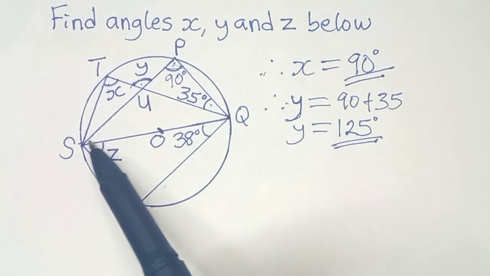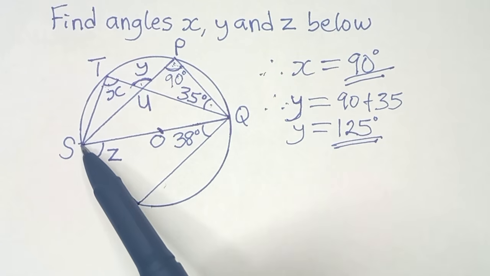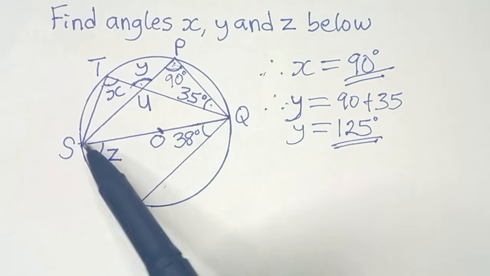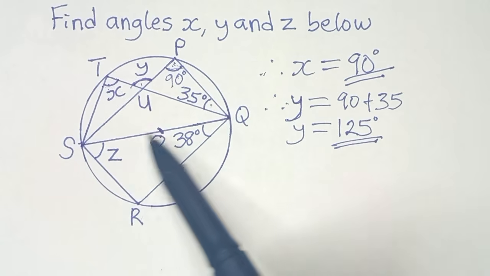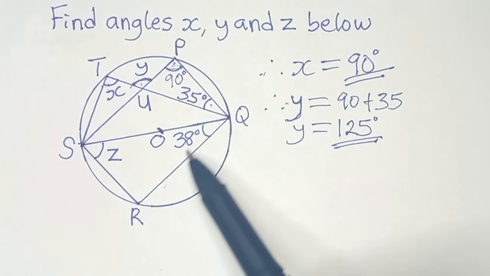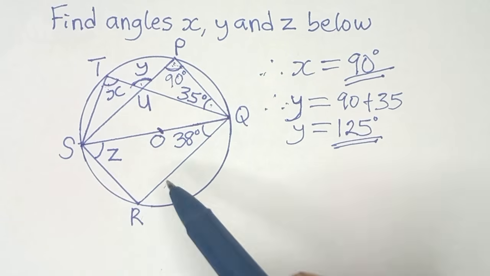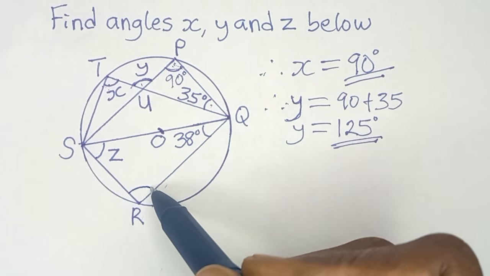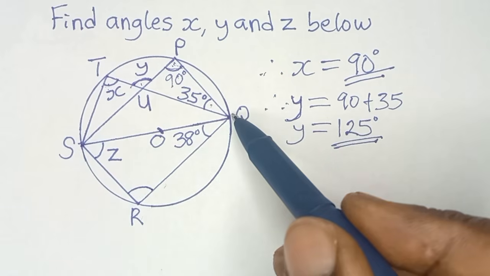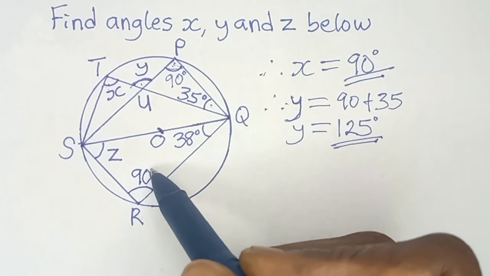Which angle is opposite the diameter line in this triangle? It is the angle in triangle SRQ, facing the diameter line, and that angle must always be 90 degrees.